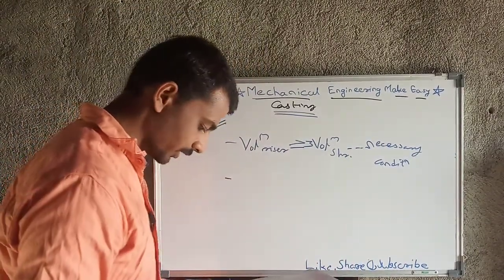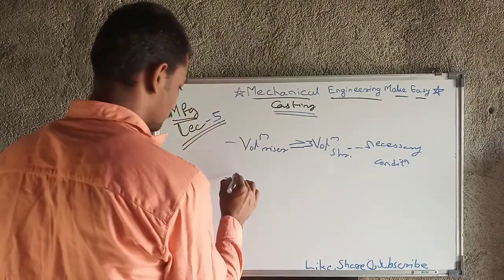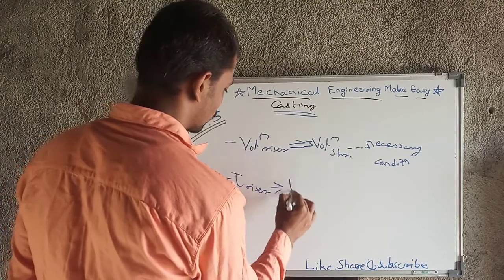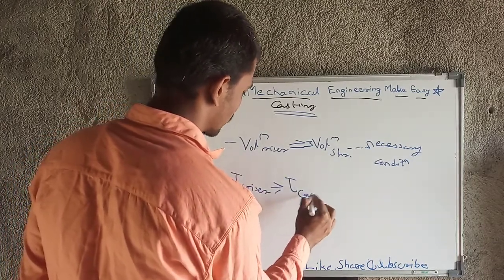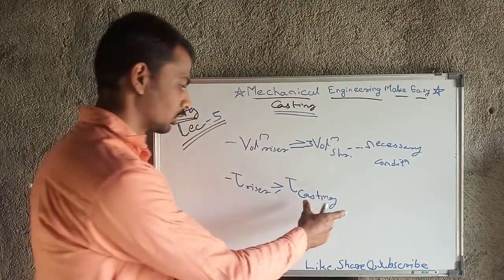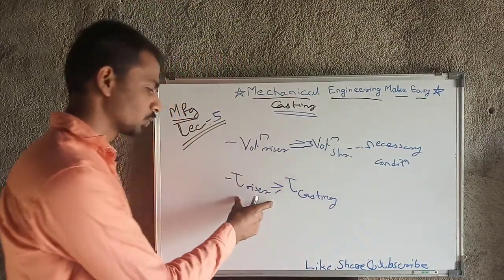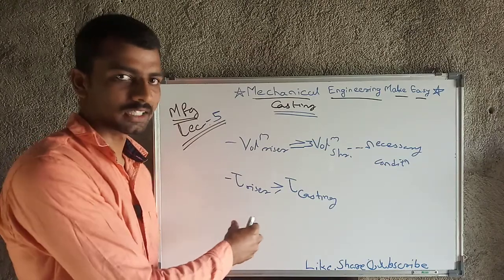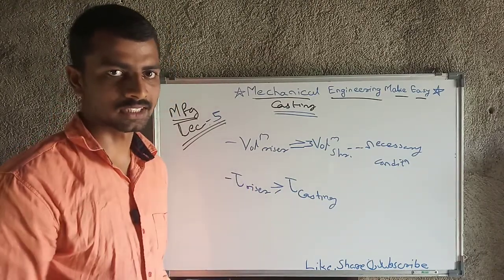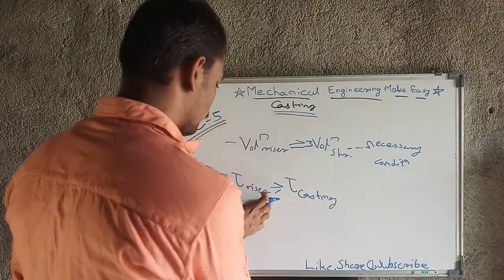The next parameter is that the solidification time of riser should be greater than or equal to the solidification time of casting. There may be a case where the solidification time of casting is equal to that of the riser, then no problem. But if the riser solidifies faster compared to the casting, then what is the function of the riser?